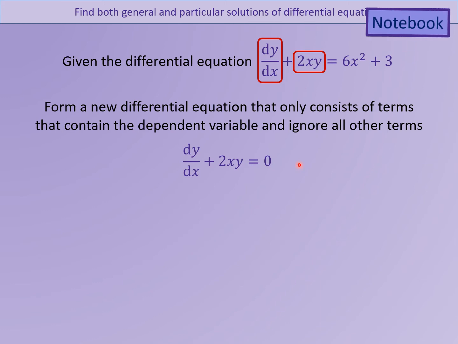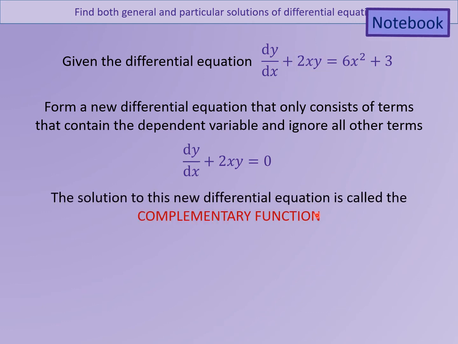And I'd like you to pause there and just have a go at solving that differential equation using your standard math skills. Okay, so let's see if you manage to separate it out. So you can separate it out, and once you've separated it out, this is called the complementary function.